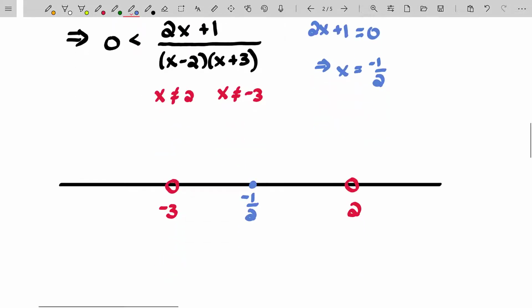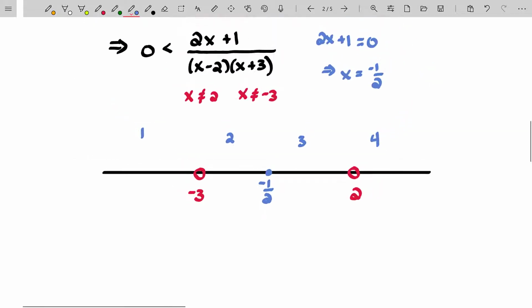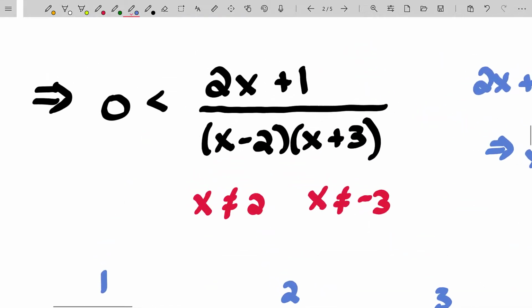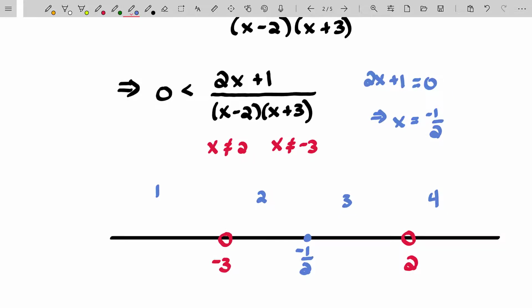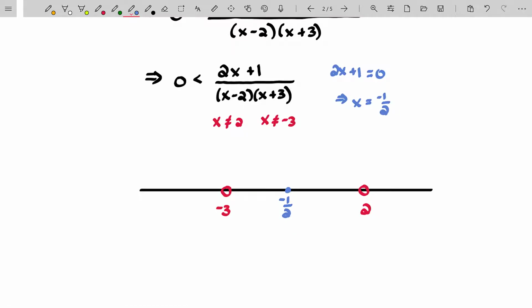So notice my number line has been broken into 1, 2, 3, 4 sections. Each of those sections I'm going to test for whether or not my fraction is positive or negative. In other words, I want my fraction to be positive, so I'm going to test those intervals to see if it is actually positive in each of those intervals. For any value of x less than negative 3, let's just try x equals negative 4, because that's less than negative 3.